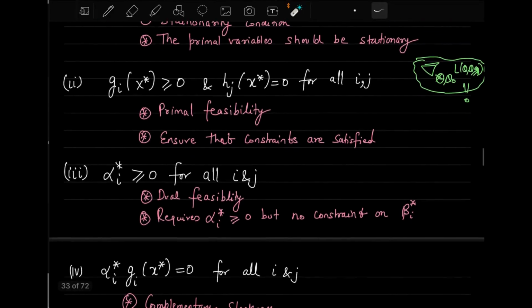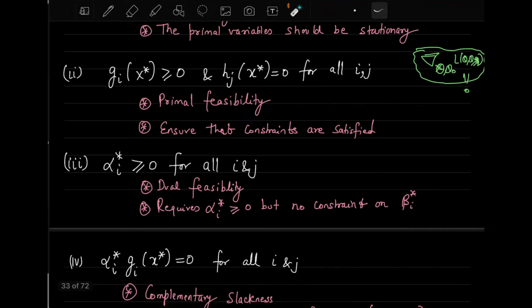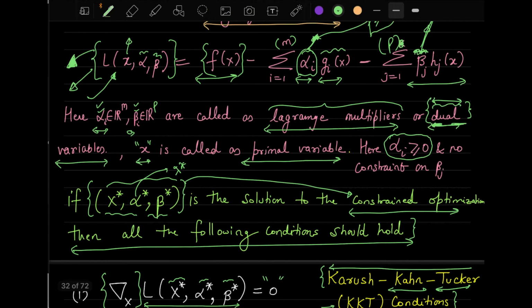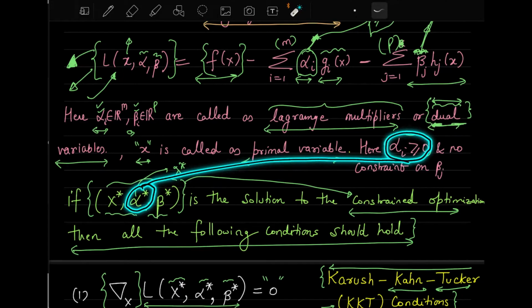The third condition that has to be followed is that your alpha_i star values are to be greater than or equal to 0. This also we have discussed. If you see this point, that your alpha_i's are to be greater than 0, this constraint also holds for the solution. That is, the solution has to be always greater than 0.